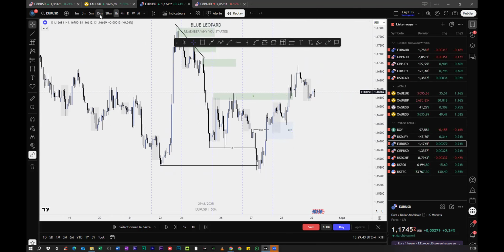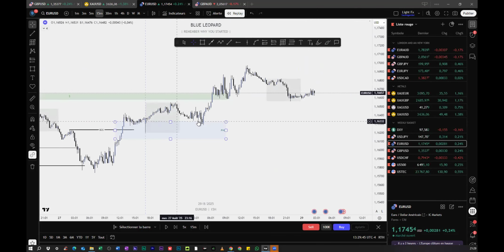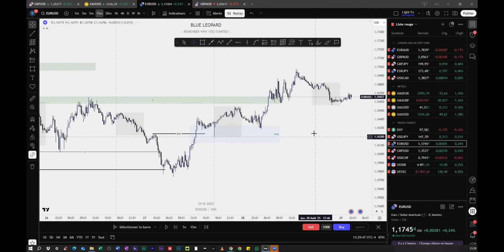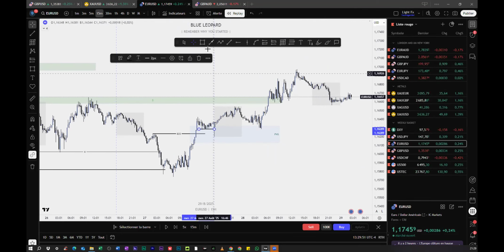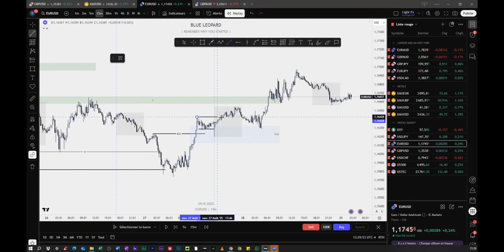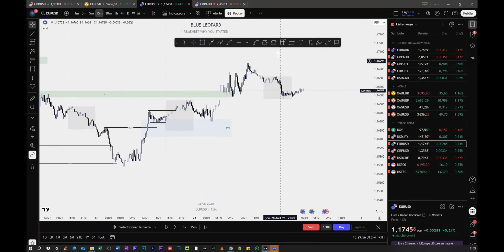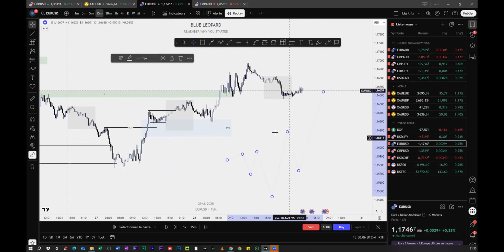Once price came on M15, after testing that, you could see the same pattern happen again. Swept liquidity here, break structure here. Remember, this is what you have all the time. To buy, you need to see this, then you continue higher.